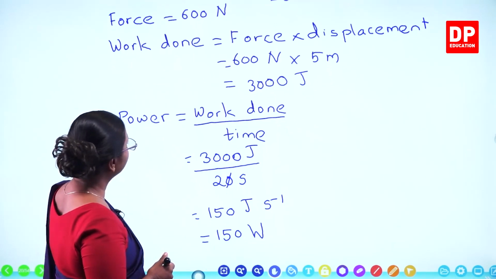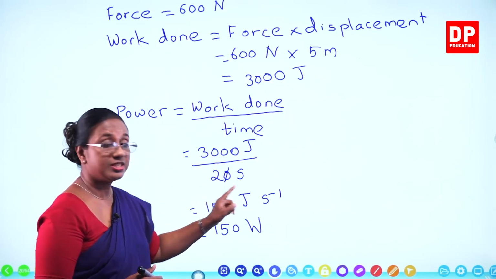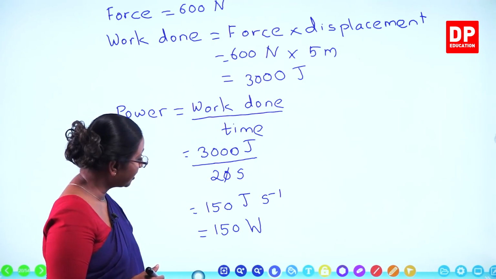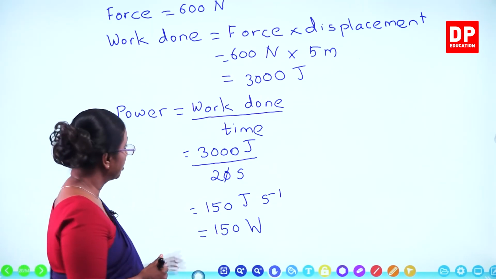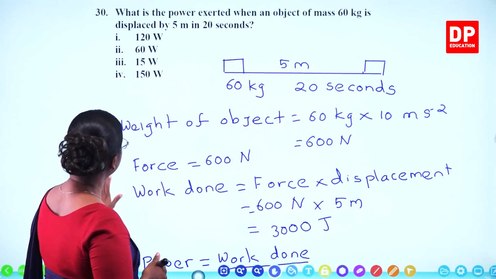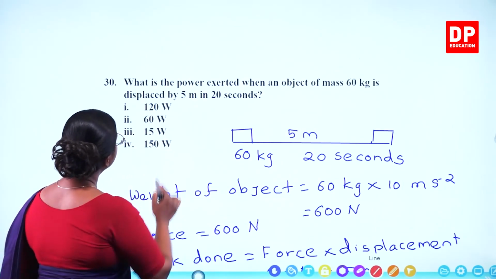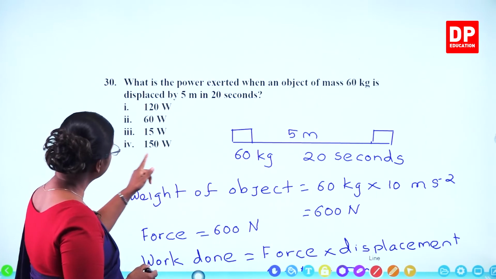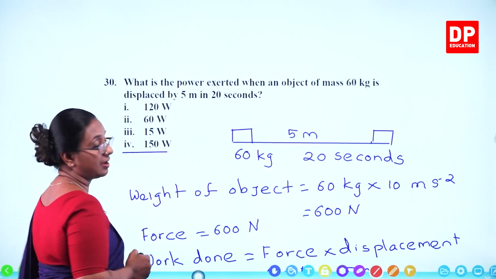Then if we calculate power, work done divided by time, 3000 joules divided by 20 seconds, you get the answer as either 150 joule per second or 150 watts. So that is the answer that we need to find. So here 120 watts, 60 watts, 15 watts and 150 watts. 150 watts is the correct answer.